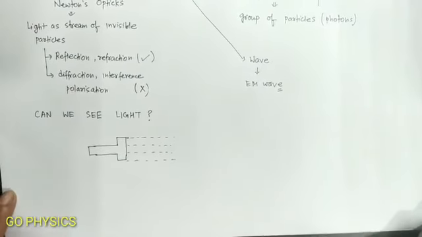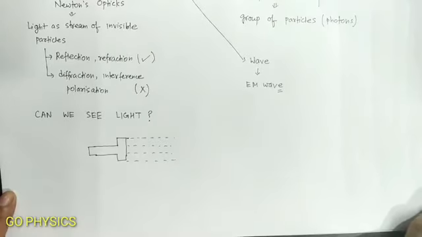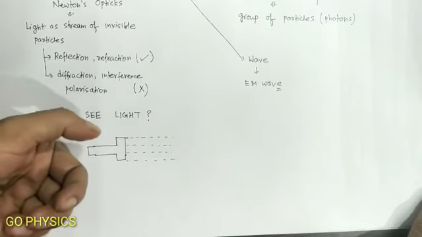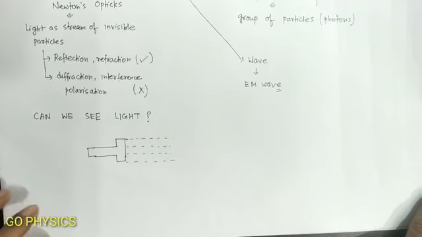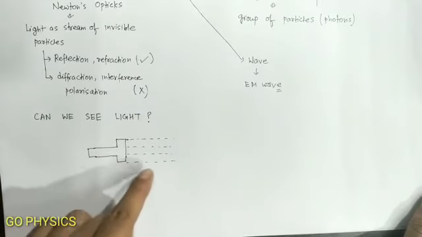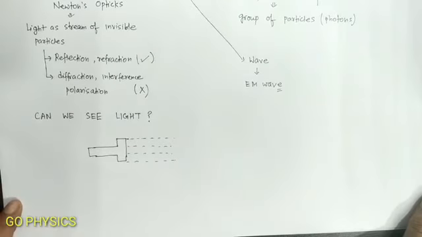Now let us understand this with the help of an example. Let us consider a dark room in which I have switched on a torch. Then light will go, and some of you will think this is the light which I am seeing. The answer is no. What we see is a phenomenon called scattering.